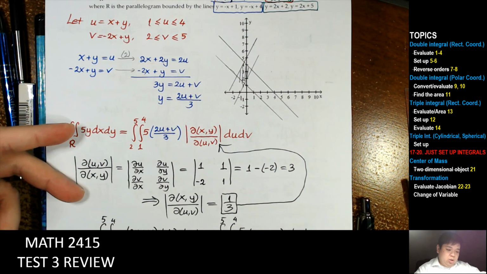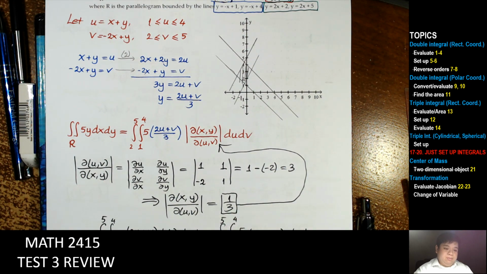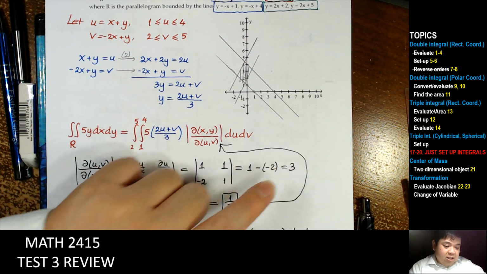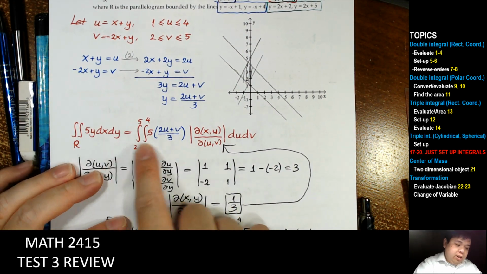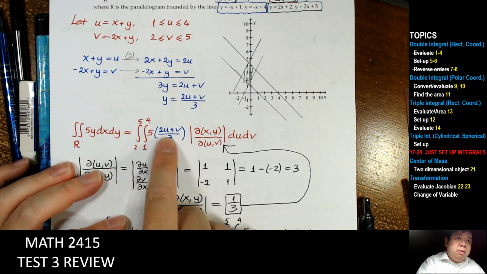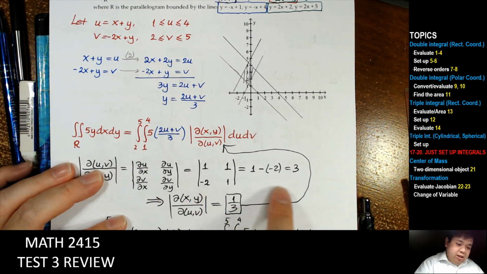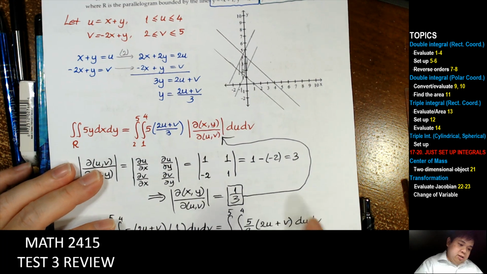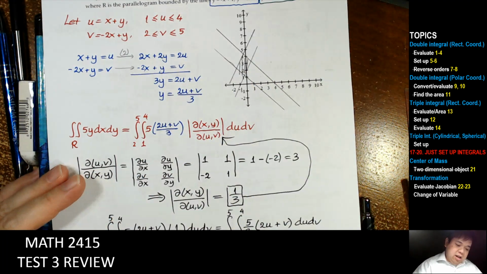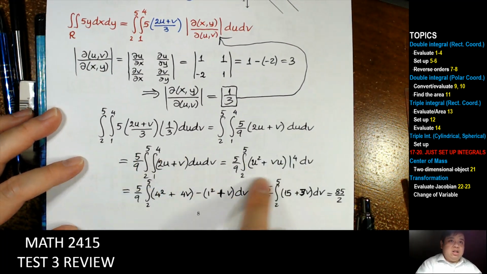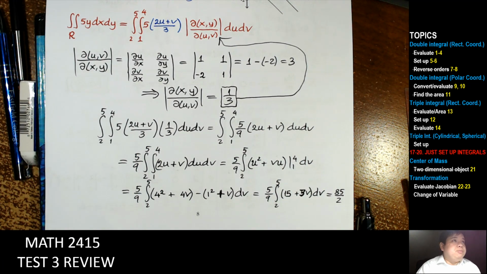If we want the reciprocal, we just flip it, which gives us 1/3. Now the function has to be in terms of uv as well. That's why we multiply by the Jacobian, and then the limits for u and v are there. And the rest is just evaluating the double integral. So pretty much that.